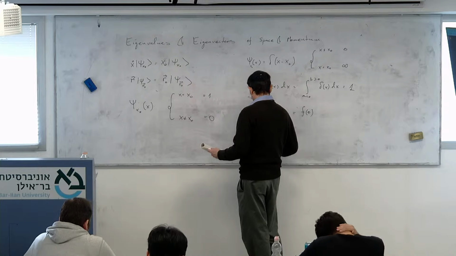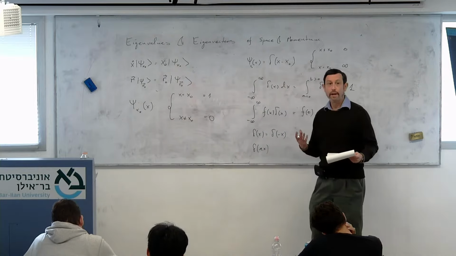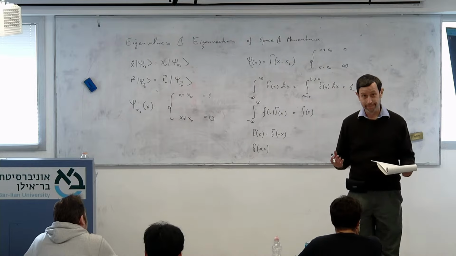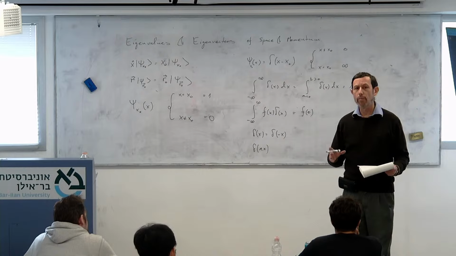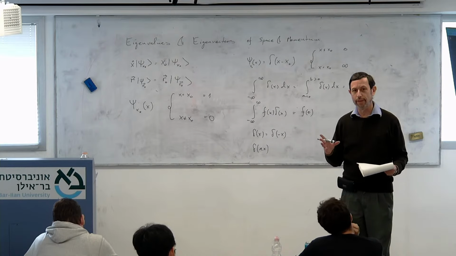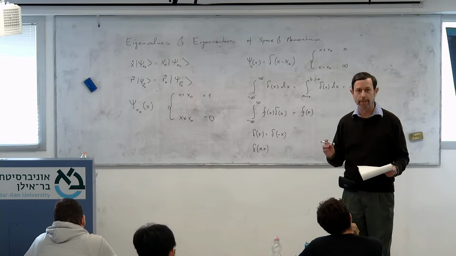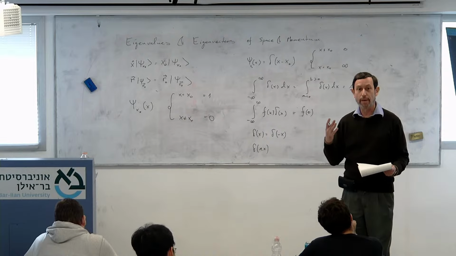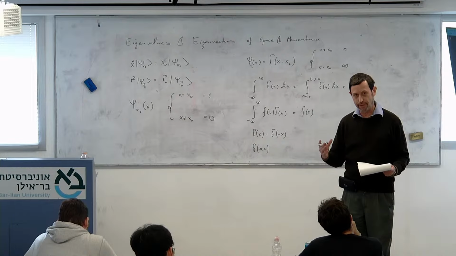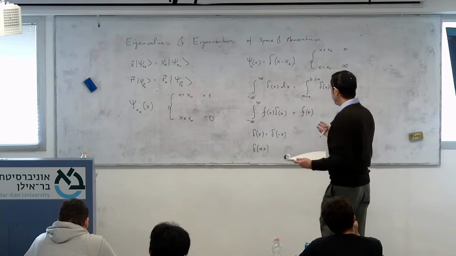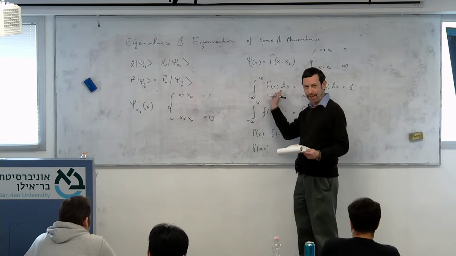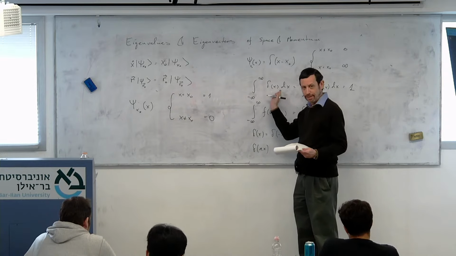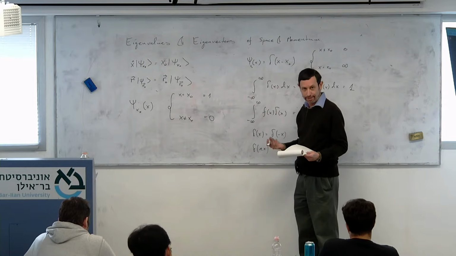How do I treat delta of A times x? 1 divided by the absolute value of A, times delta of x. So always when you are at a problem in understanding the properties of delta x, stick it into an integral where what you're doing to delta x is well defined, and see what you get.